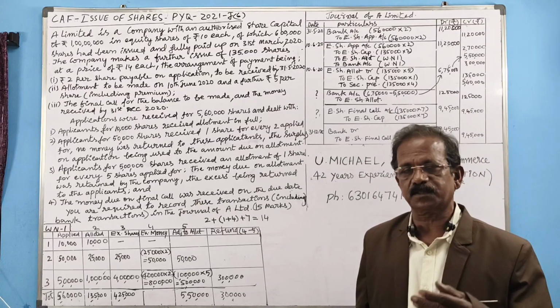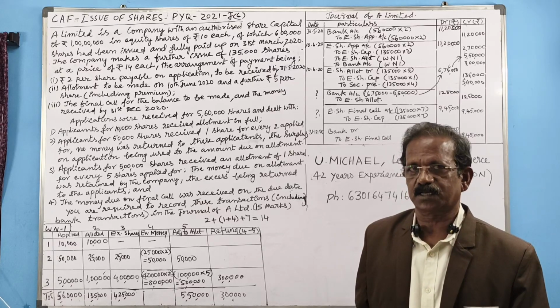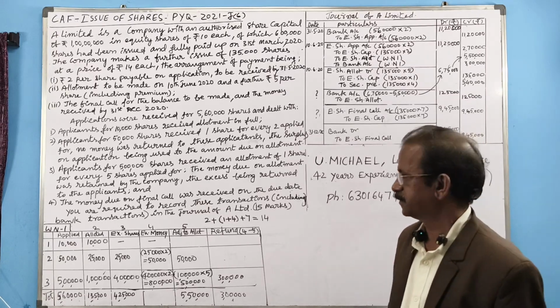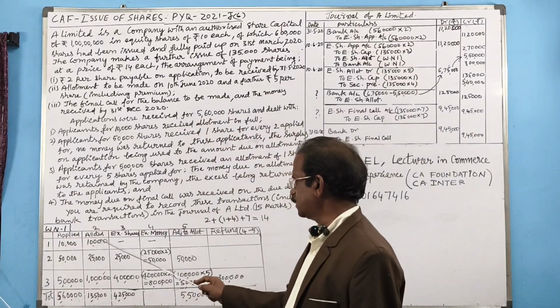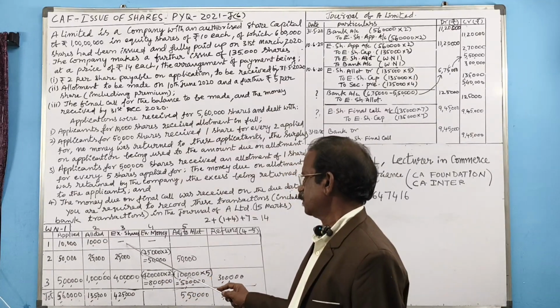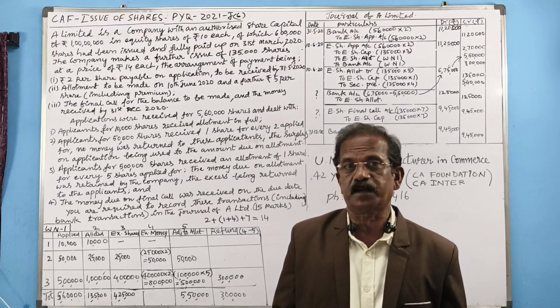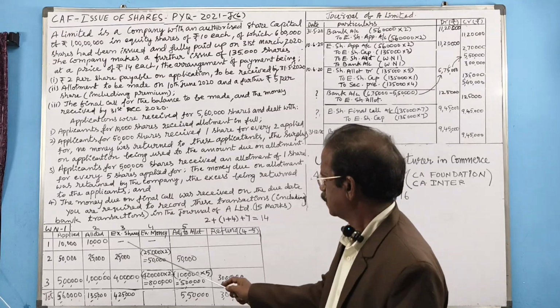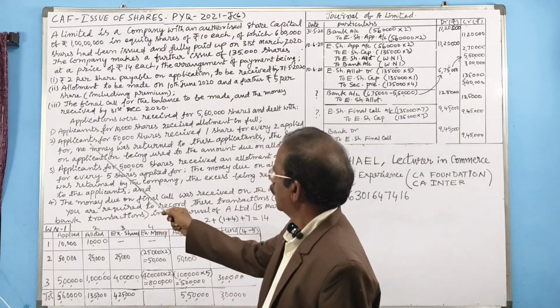They applied for 10,000 and they were allotted 10,000. No rejection, no complication. So here 10,000, here also 10,000. 10,000 minus 10,000 is 0. It means there are no excess shares applied for by them. Over.